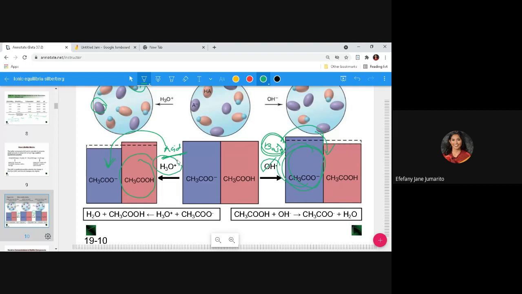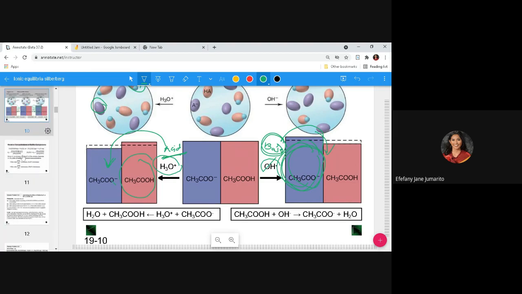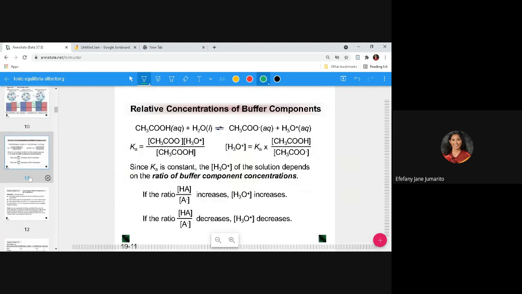If we add an acid, then it will react with the conjugate base, then we will have more of weak acid. Now, if we have a weak base and we add more base, then it will react with your acid, and then we will have more of your conjugate base. All right. So we also have that one.